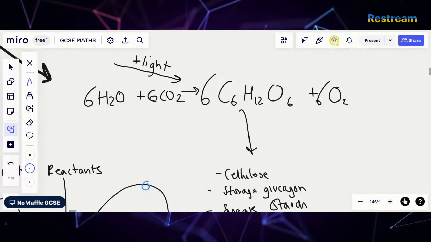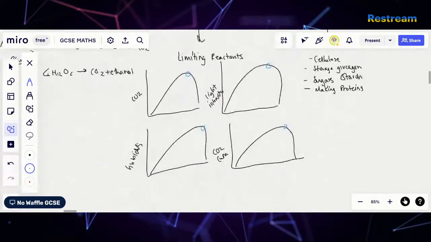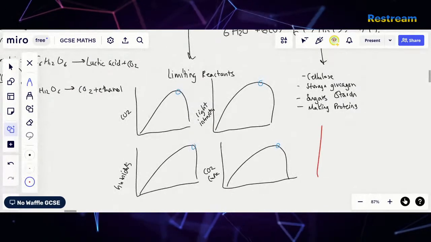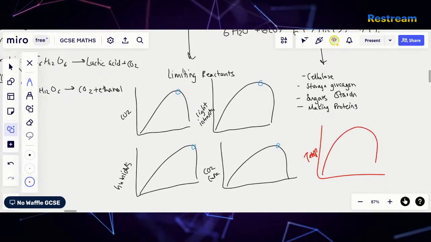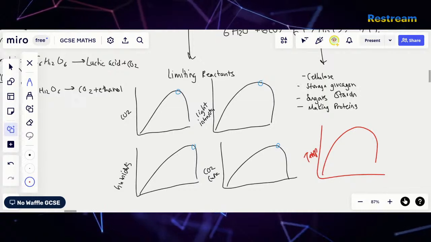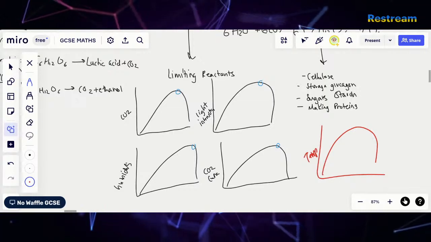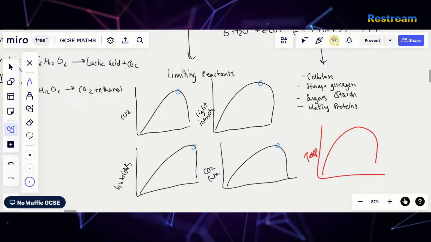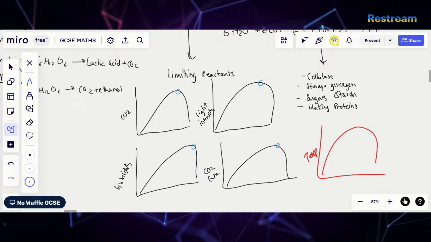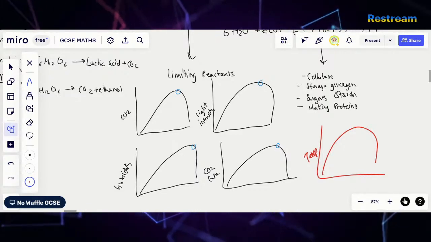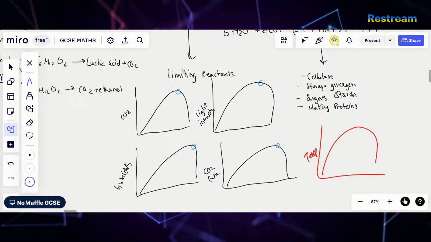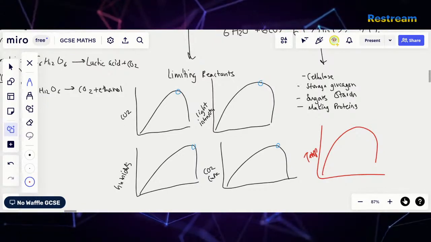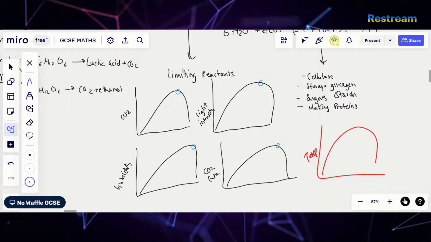Now, in terms of rates of photosynthesis, it's affected by temperature, light intensity, carbon dioxide concentration, even amount of chlorophyll, because chlorophyll is a pigment in the leaf that converts light energy for food for the plant and is therefore essential. So if the chlorophyll levels are reduced through a magnesium deficiency, for example, then the rate of photosynthesis sadly decreases.